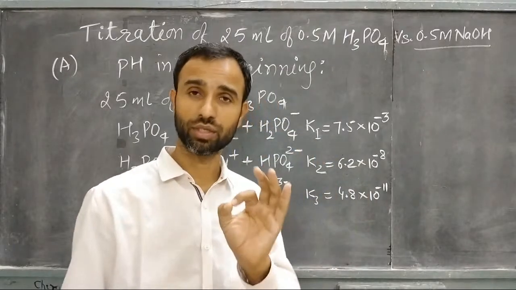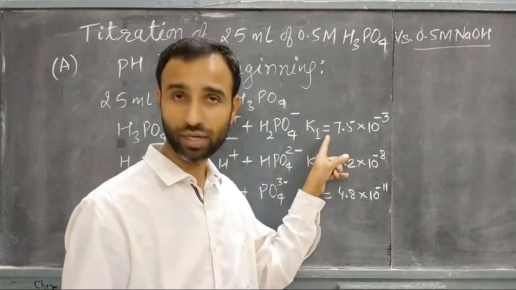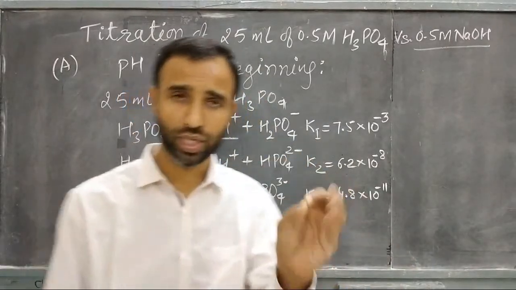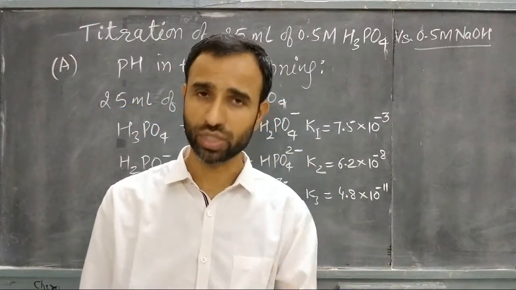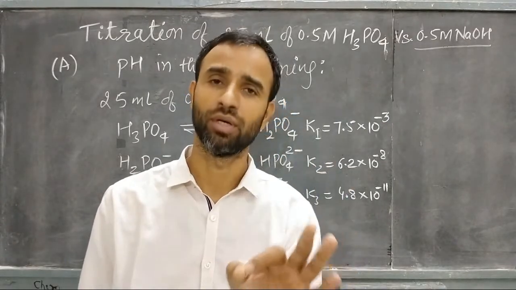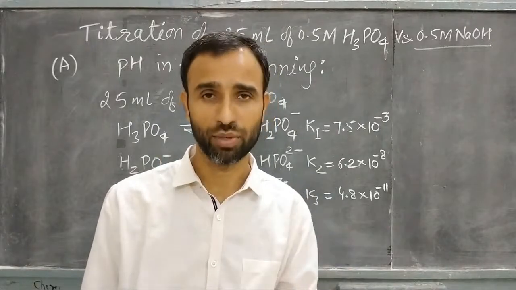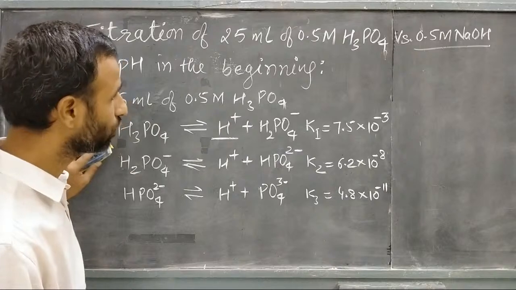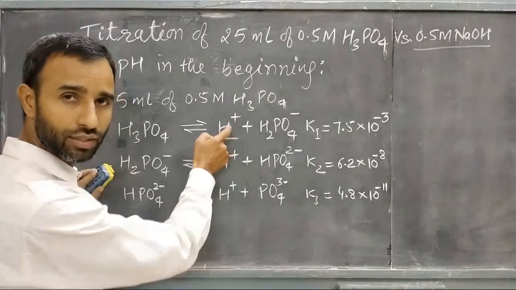मेन कंट्रीब्यूशन किसका होगा? K1 का. K2 और K3 जो है they contribute towards H plus ion concentration but to the minimal amount, बिल्कुल कम, मतलब ना के बराबर. इसलिए स्टार्टिंग में we will take into account only K1.